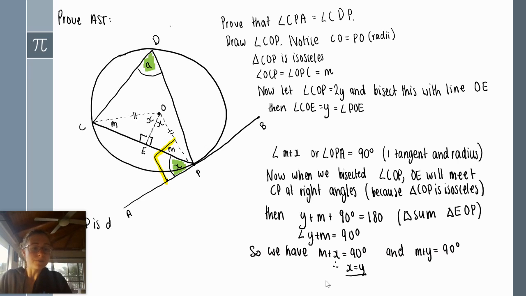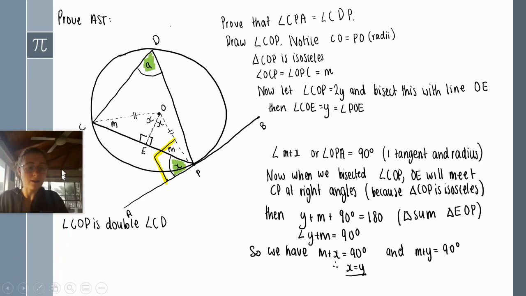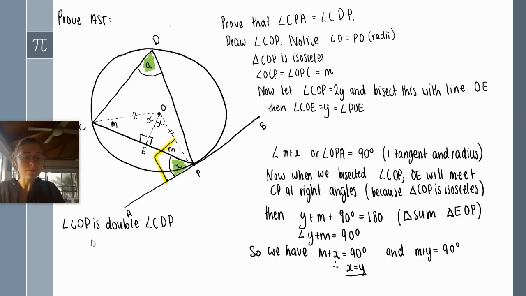So notice that COP is double angle CDP. So angle COP is double CDP. Why? Because remember, angles at the center are double that of circumference.